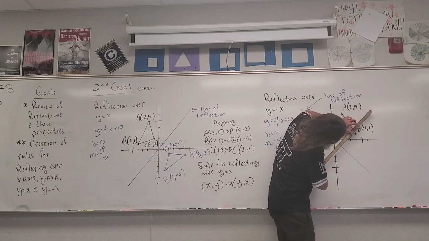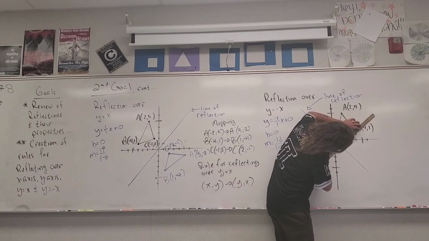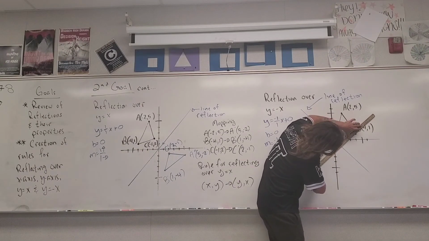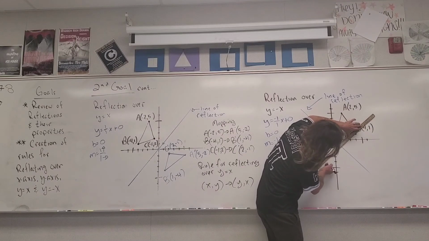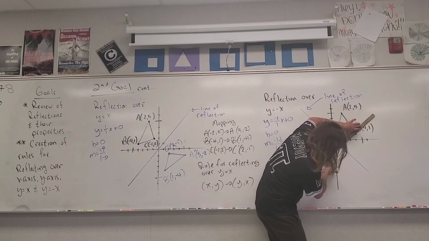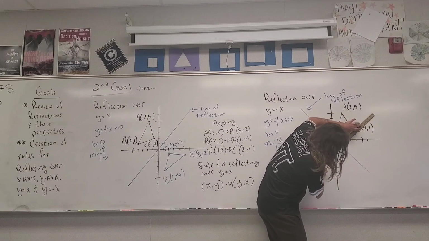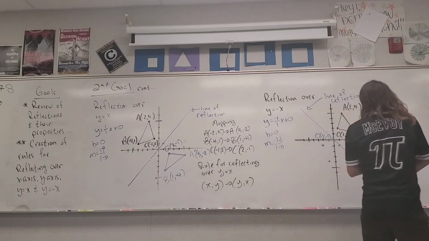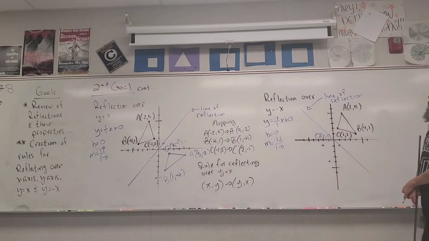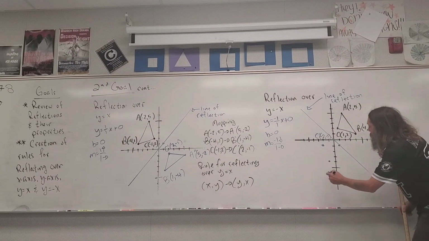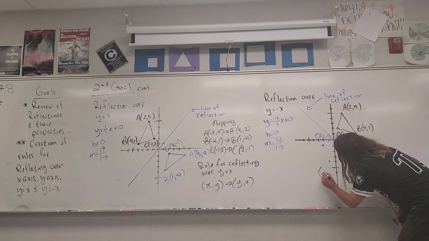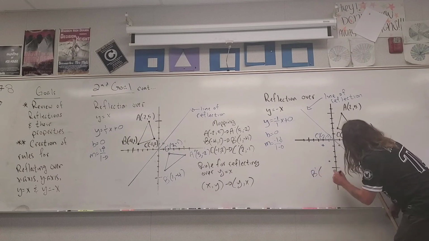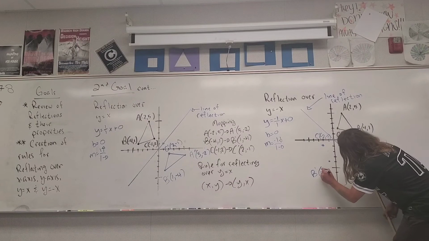B, which looks like it's 17 away. Let me get that a little bit more of a right angle. There's B prime, which becomes (-1, -4).